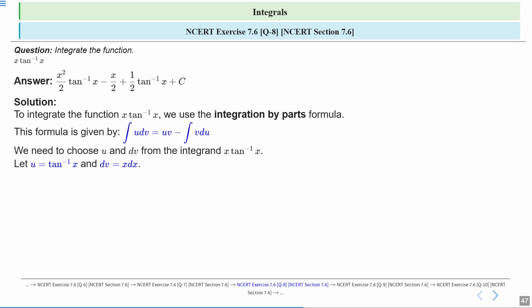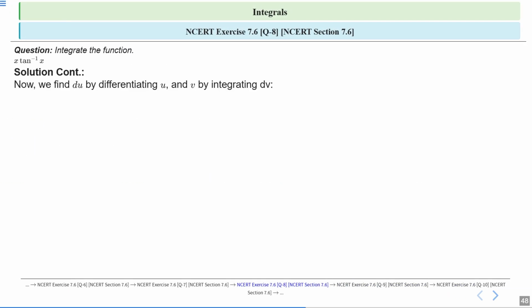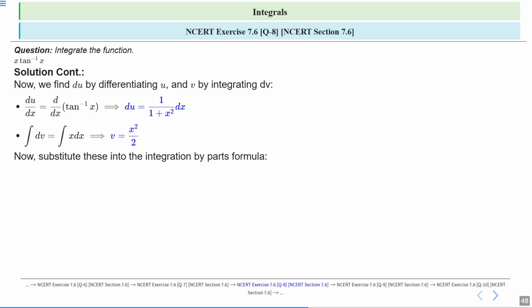Now in the same manner, we have to find the value of du and v. To get du, we differentiate u with respect to x. So the differentiation of tan inverse x is 1 by 1 plus x square. Now we have to integrate dv, that is the integration of x dx, which is x square by 2. Substitute this into the integration by parts formula.